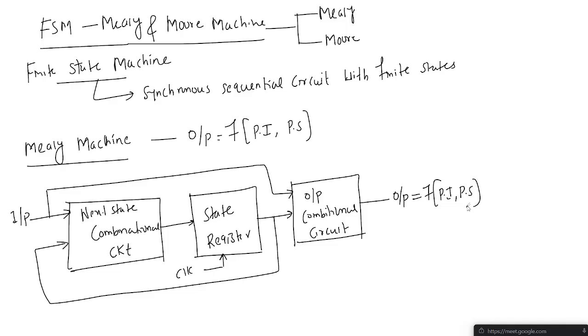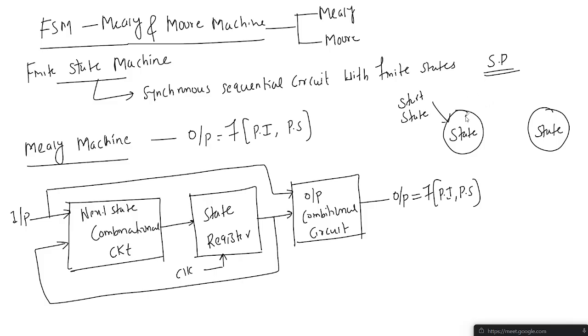If you see the state diagram, how will it look? Let us take two states. This is one state, and this is the other state. This is the start state. Here the transitions are labelled input by output.